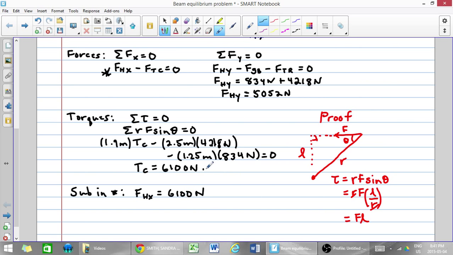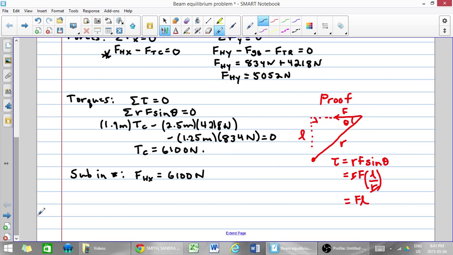Okay, so we're doing well. We've got our tension. We have the two components of the hinge force. So to find out the overall force of the hinge, we're just going to need to turn that back into a single vector.